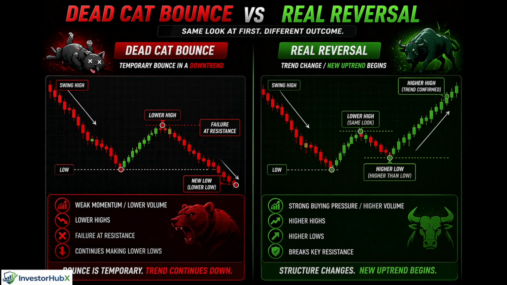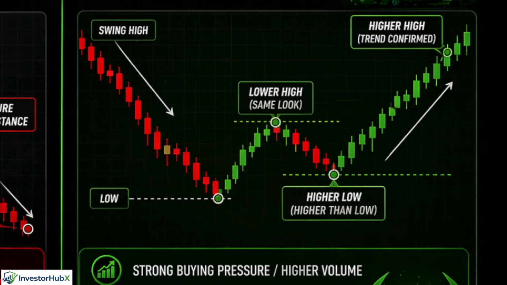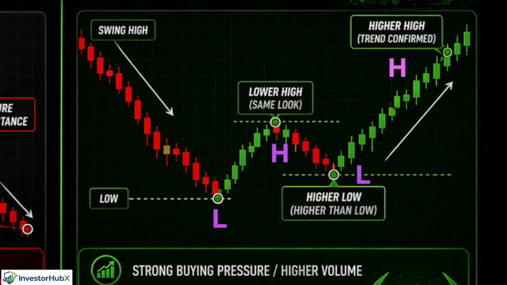So, what's the difference between a dead cat bounce and a real reversal? At first glance, they look exactly the same. Price falls, then it starts going up. But what happens next is what separates the two. In a real reversal, you'll see strong buying pressure. Higher highs, higher lows, breaks of key resistance. This is important.